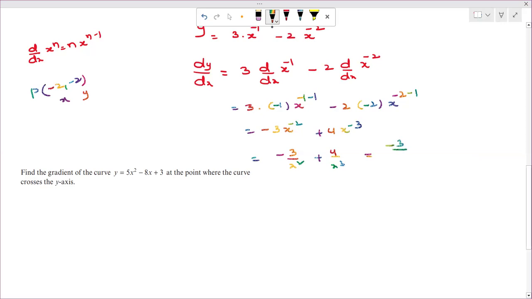So minus 3 by minus 2 whole square plus 4 by minus 2 whole cube, which is equal to minus 3 by 4 minus 4 by 8. Now the LCM is 4, so minus 3 minus 2 gives minus 5 by 4. So this is how we have to find the gradient when a point is given.